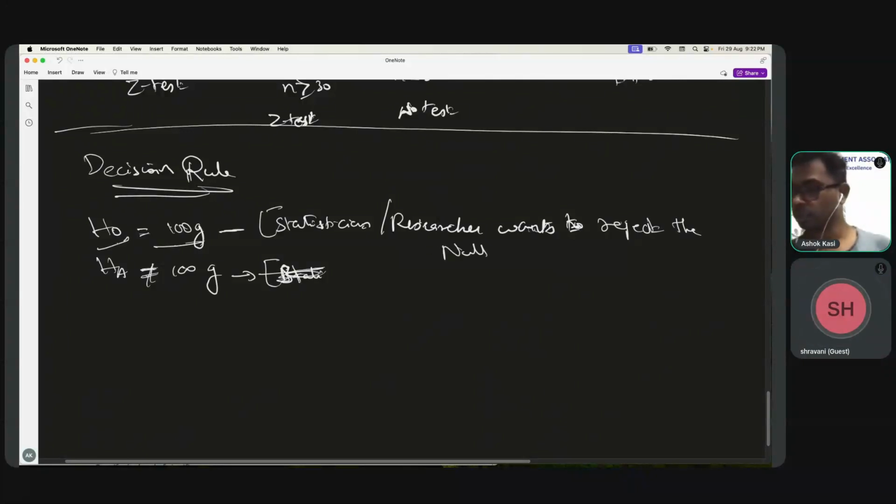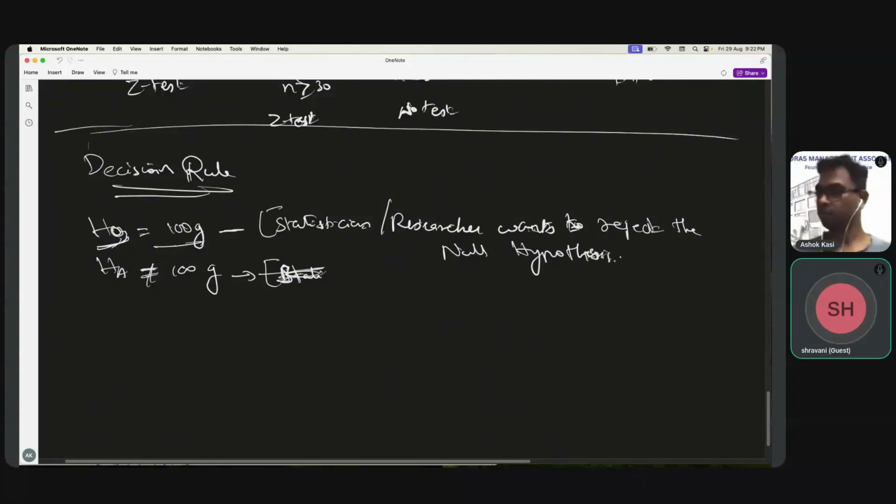This zero represents null, the null hypothesis. So that means you want to accept the alternative. This is called alternative hypothesis.